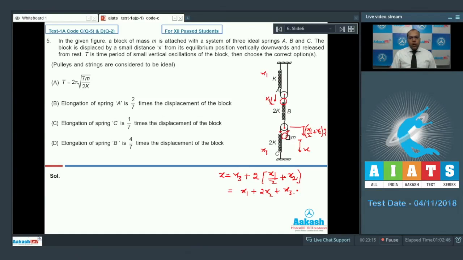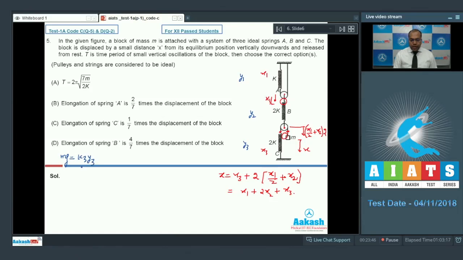Initially, when the block is in equilibrium, the extension in this spring is y1, the extension in this spring is y2, and the extension in this spring is y3. At that situation, if I balance the force, mg is equal to k3 into y3.